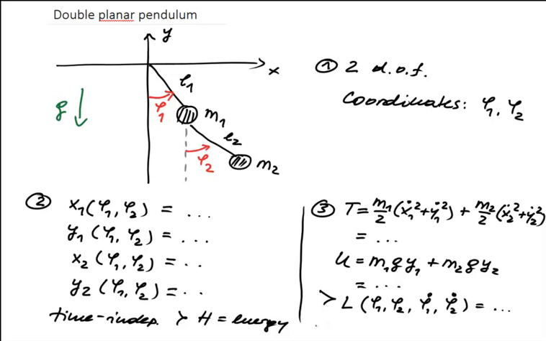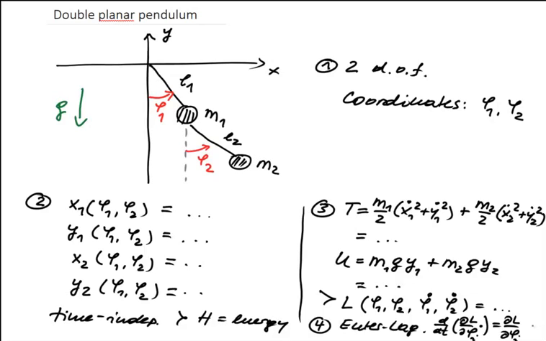And then the last step is the Euler-Lagrange equation. So d over dt, dL over d phi i dot equals dL over d phi i, for i equals 1 and 2.